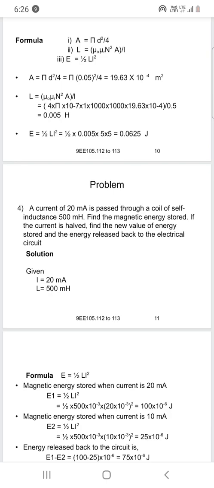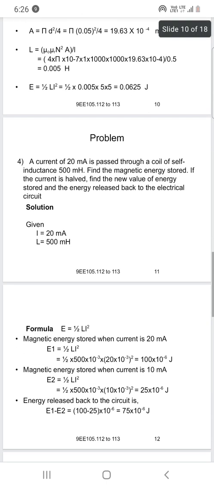Then L is equal to mu naught into mu r into n squared into A by L. Here the length is 0.5. Then we will get the inductance value. The inductance value is equal to 0.005 Henry. So the energy stored in the magnetic field is equal to half L I squared.